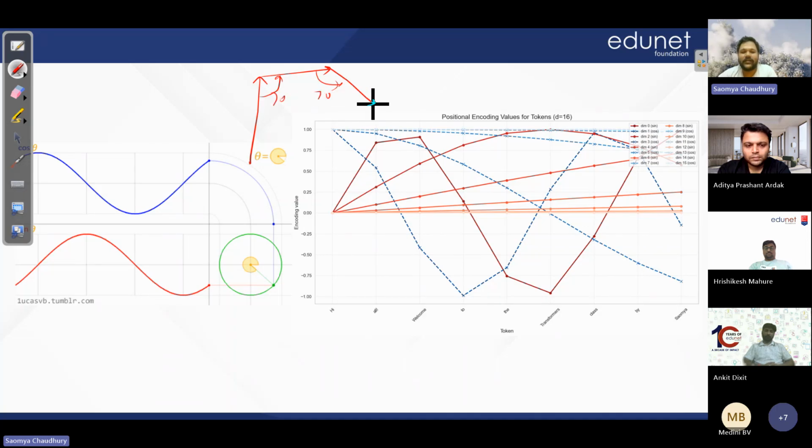So this is, let's say, dimension 1, dimension 2, dimension 3, and as we approach the nth dimension, you will see very little change. This is again a big turn, but you'll see very little change happening. That's what I wanted to focus on.